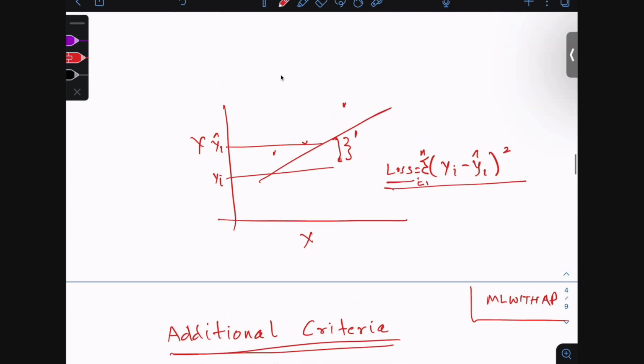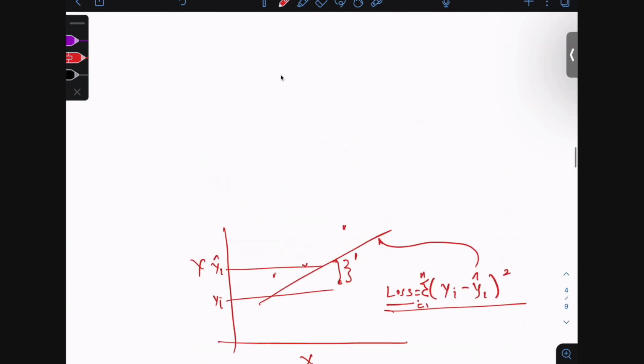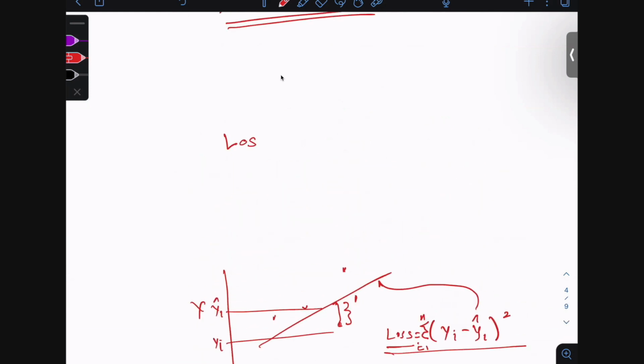Now, what are we fitting? We are fitting our yi as a straight line. So my loss will ultimately become the summation of yi minus beta naught plus beta 1 xi, the whole square. What is the equation of the line? Beta naught plus beta 1 xi.